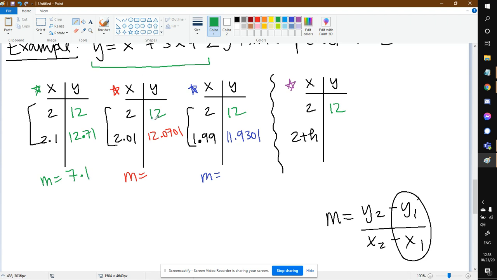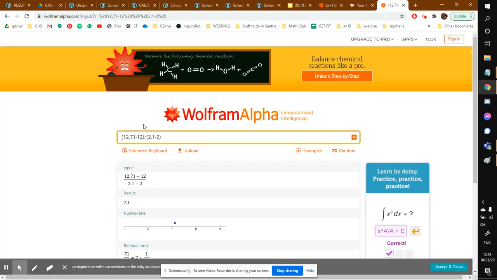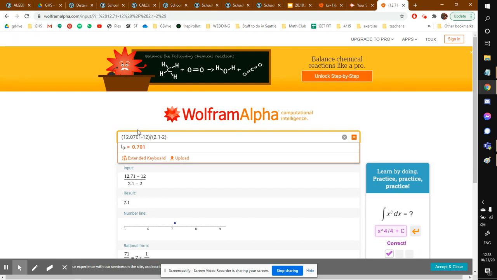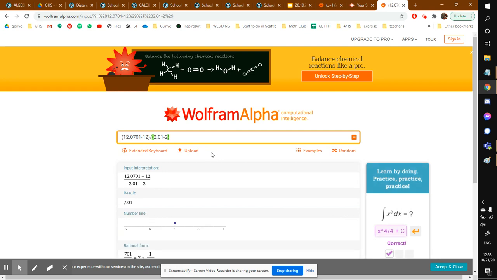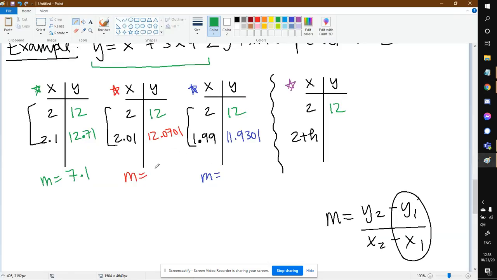For this one, my first point does not change, but my second point does. I'm now plugging in 2.01 and 12.0701. So I'm going to change this to 12.0701. I'm going to change this to a 2.01. And I'm going to get that my result is 7.01. Nope, because I want it to be red. And now I'm going to plug in my other point just to see what's happening on the other side.